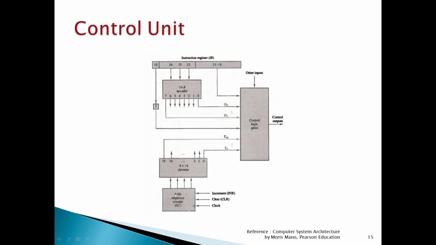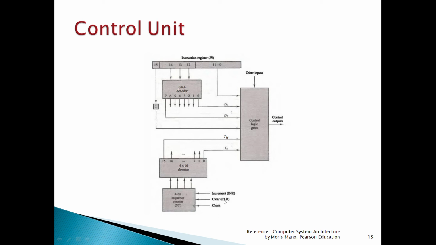Similarly, there is then a sequence counter. There are a number of instructions. The sequence counter first has 3 different controls: increment, clear, and clock. Clock is basically introduced whenever it is activated, like the previous one also.